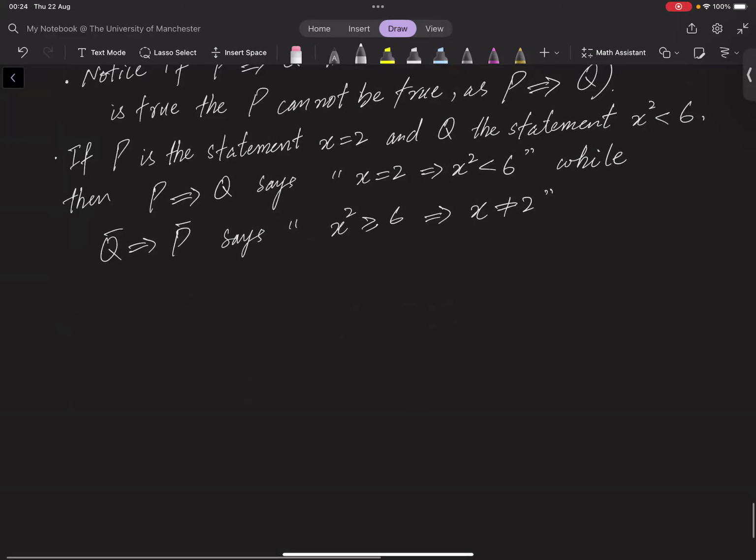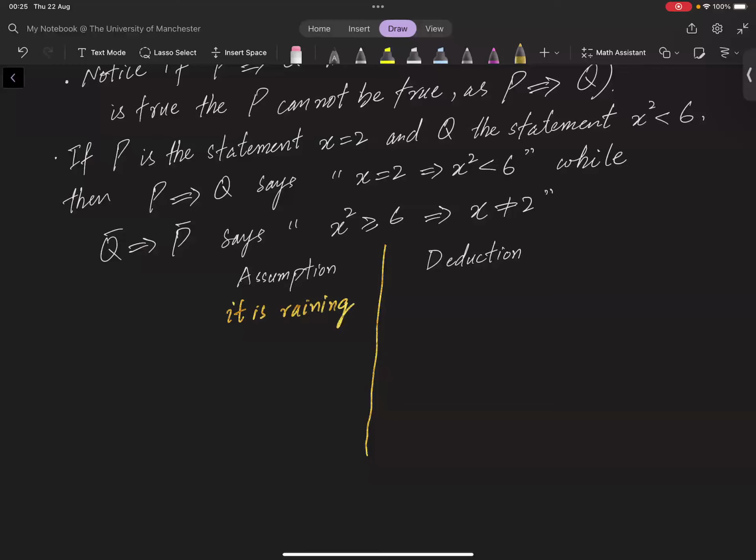So let's make a table, with assumptions and deductions. If it is raining, the deduction is that the sky is cloudy.